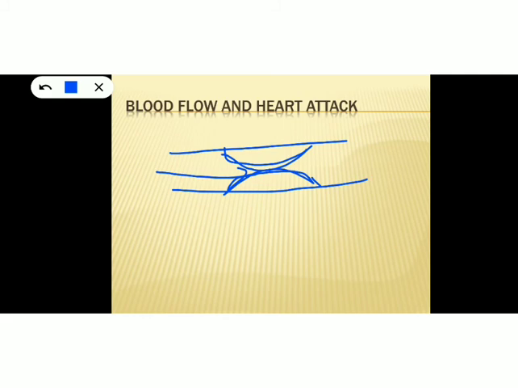And wherever area decreases, as per the equation of continuity, the velocity will increase, because here the blood needs to flow through this narrow opening. So hence it will flow with more velocity, and when the velocity increases, as per Bernoulli's principle, pressure is less, and when pressure is less, pressure outside will be more.